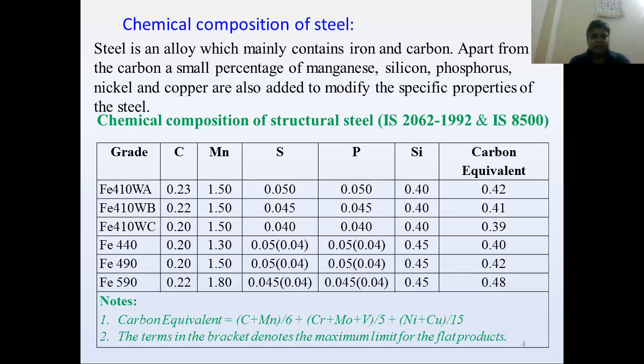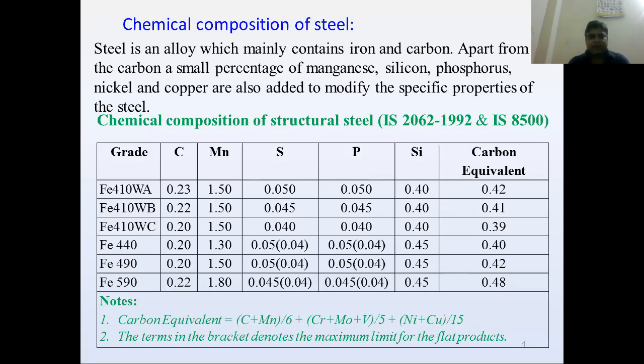Similarly, Fe 410 WB, here B is the grade denoted: carbon is 0.22, manganese is 1.50, sulfur is 0.045, phosphorus is 0.045 and silicon is 0.40, carbon equivalent 0.41.